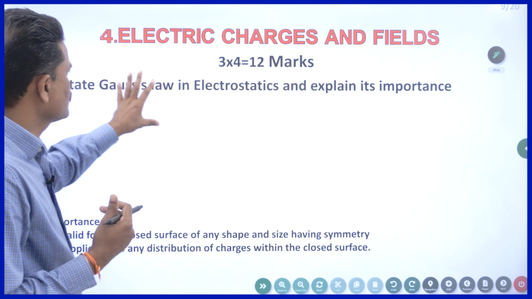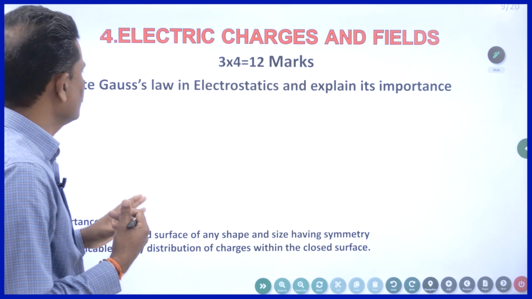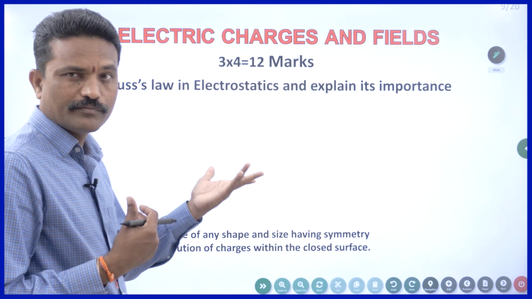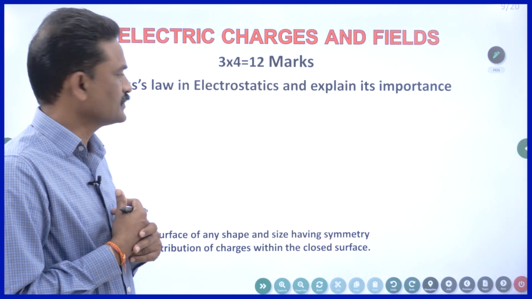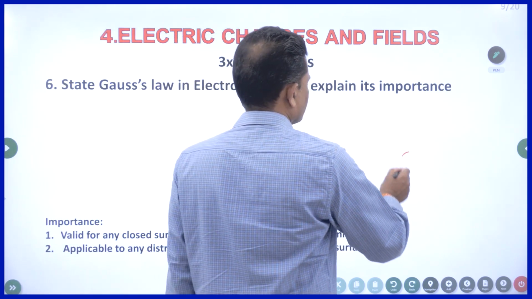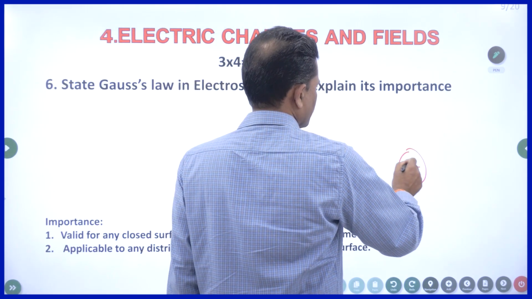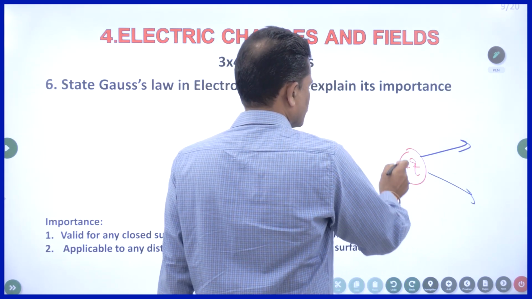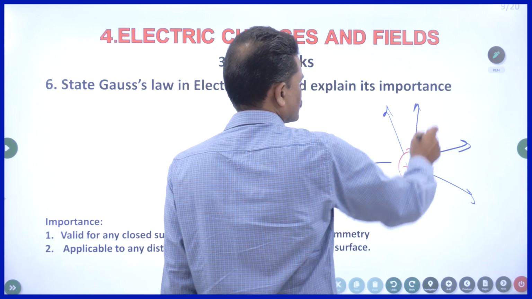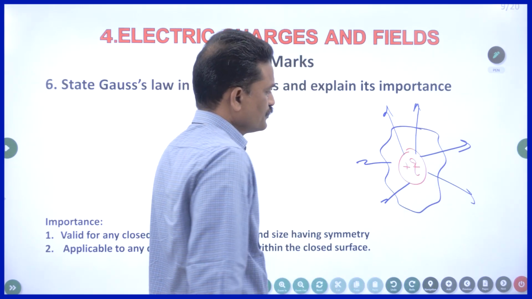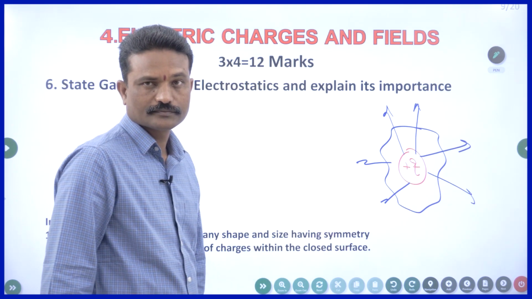So, state Gauss law in electrostatics. Like Coulomb's law, Gauss law has its replica in magnetostatics also, right. So, what does it say? Suppose there is some charge, let us say plus Q, from which field lines are coming out. I construct a closed loop around this charge.